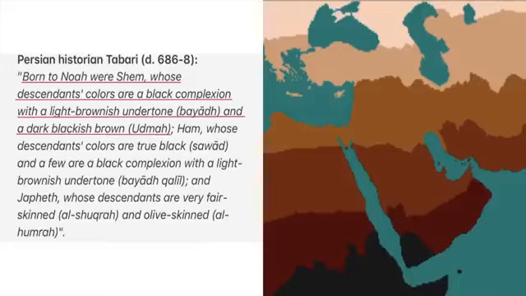So from this source, we get basically 3 different skin tone types. We have a black complexion for Shem's descendants, a light brownish complexion, as well as a dark blackish brown. So that's very interesting. And of course, I have on the right-hand side of the screen pictures of indigenous skin tone maps that can reflect that, actually.